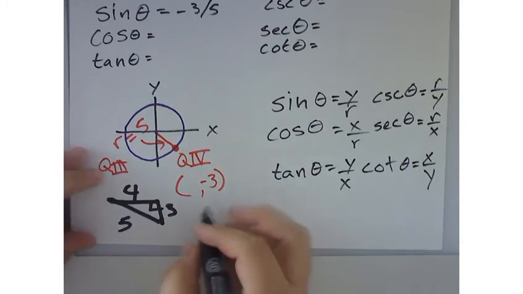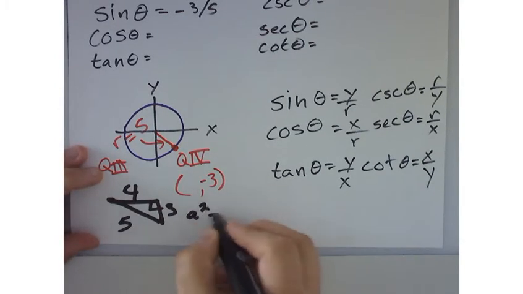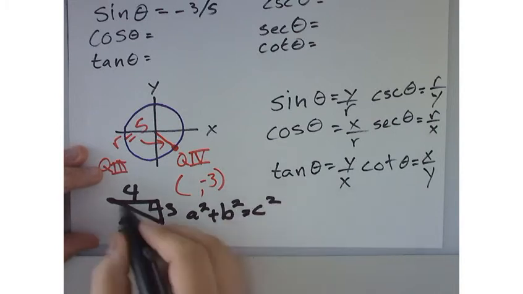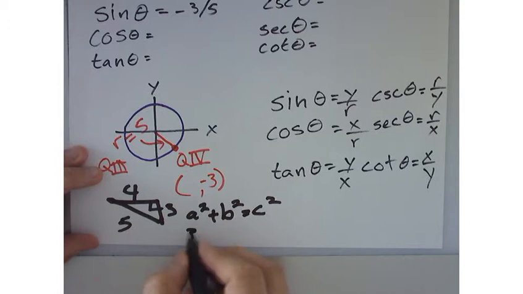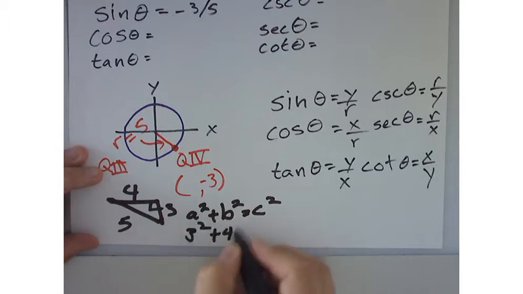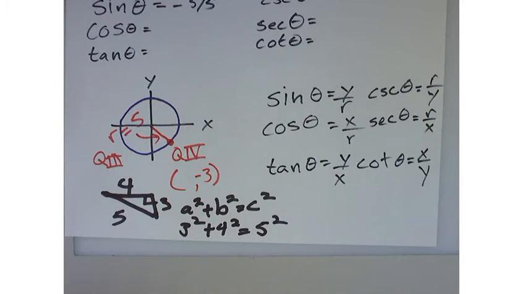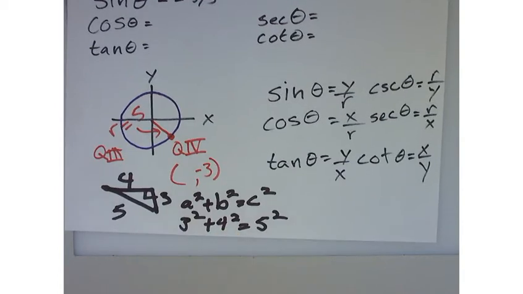Now, if you haven't memorized this, what we're really saying is 3 squared plus 4 squared should equal 5 squared. 5 squared is 25, and 3 squared plus 4 squared is 9 plus 16, which is 25, right?